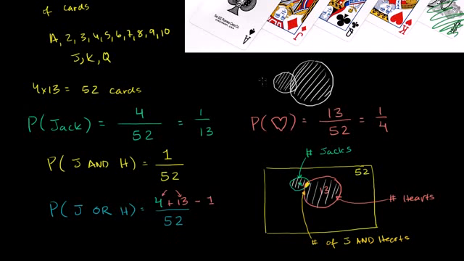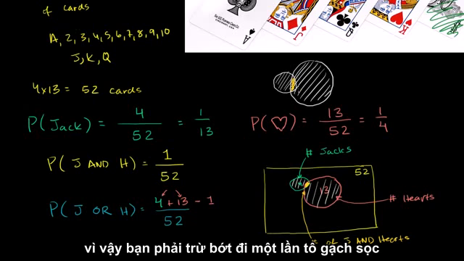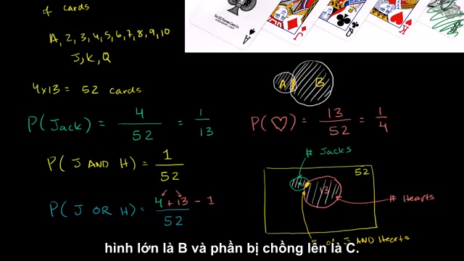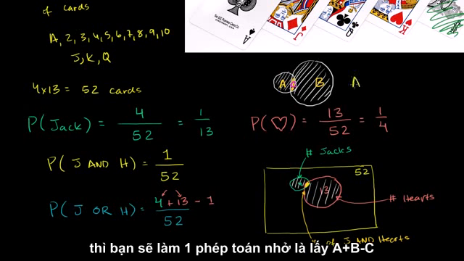But when you do that, you'll see that when you add the two areas, you're counting this area twice. So in order to only count that area once, you have to subtract that area from the sum. So if this area is A, this area is B, and the intersection where they overlap is C, the combined area is going to be A plus B minus where they overlap, minus C.